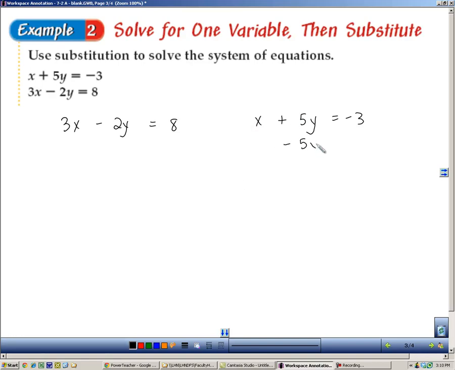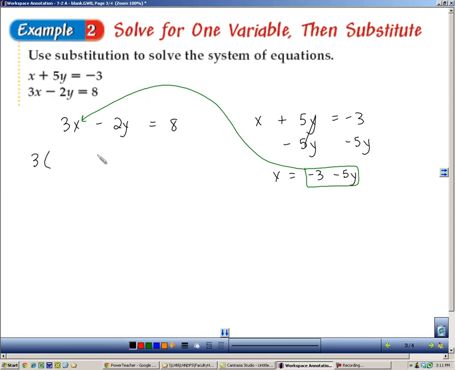Because all I have to do over here is subtract 5y. So I end up with x equals negative 3 minus 5y. Now I can do my substitution. Because x equals all this green stuff, I can plug all that green stuff in place of x. That's the goal. Isolate one of the letters and then plug all that stuff into the second equation.